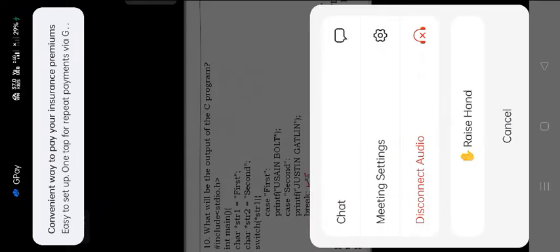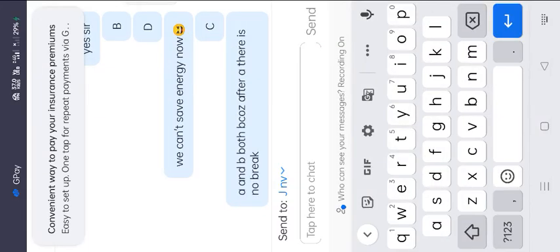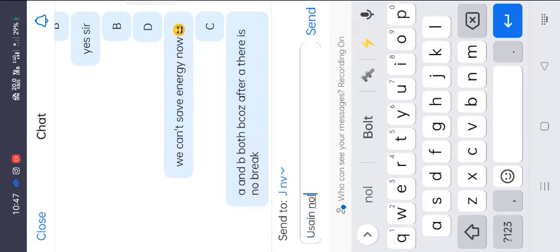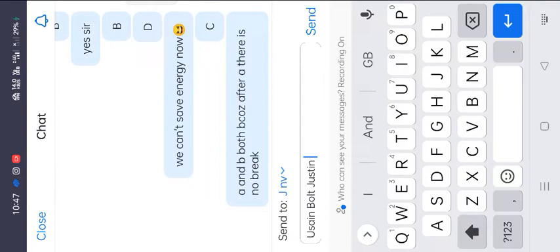Hence the output is what? I already gave D, others. Very good. But here we have a break, no? So that's why it is others. So both A and B get printed. Okay, very good.